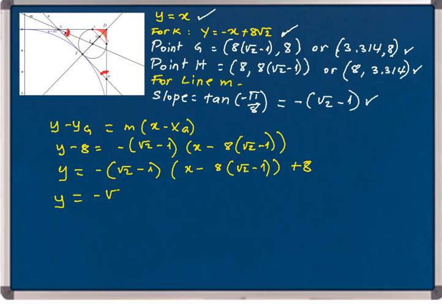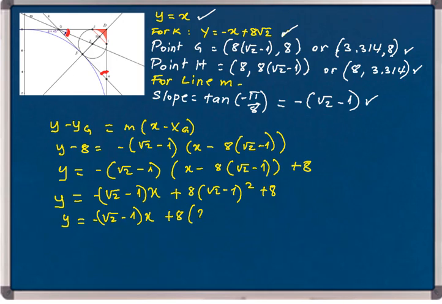We keep it as is, and then plus square root of 2 minus 1 times square root of 2 minus 1, which is 8 times square root of 2 minus 1 squared, then plus 8. Okay, we can say that y is equal to minus square root of 2 minus 1 x plus 8 times 2 minus 2 square root of 2 plus 1, plus 8.